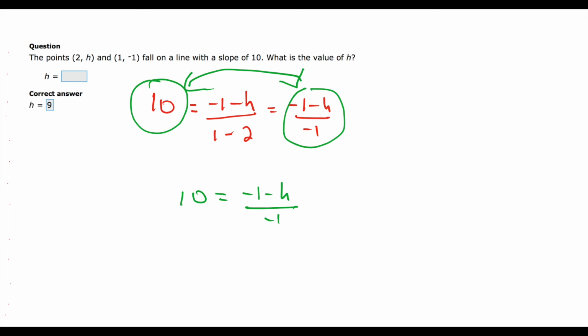Let's say I have 5 equals 10 over x. Alright, how do you get x by itself? What you want to do is multiply both sides by what's on the denominator. Also, there's another mistake.